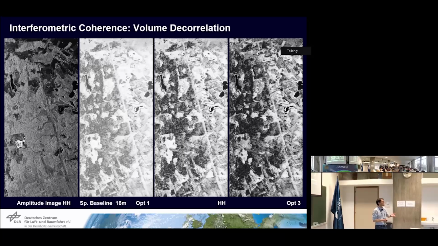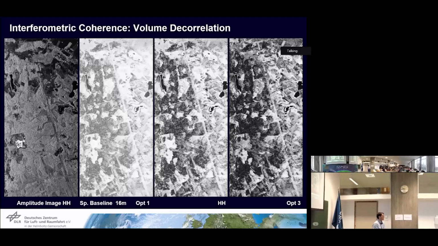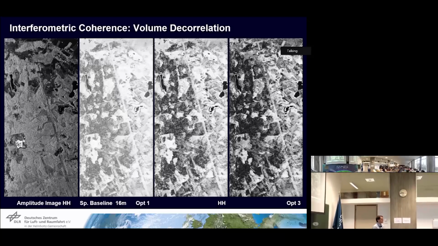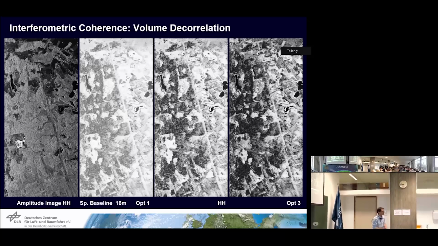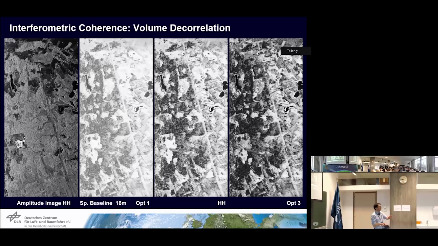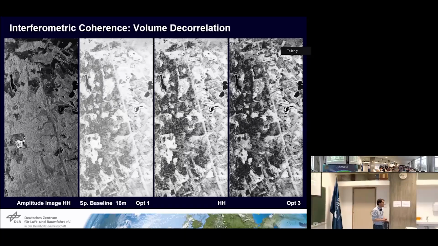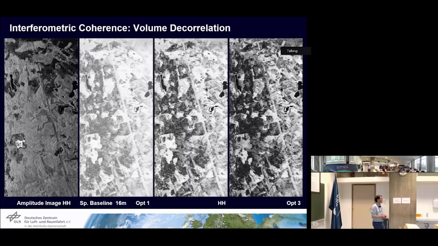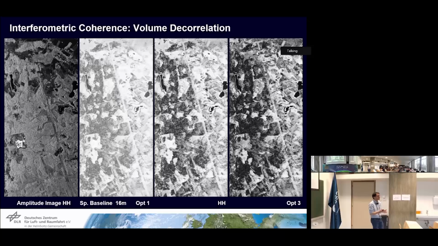If you maximize the coherence, you reduce the variance of the phase measurement. So you'd like to make a DEM, you'd like to have an accurate DEM, you use polarization to maximize coherence so that the accuracy of your DEM is higher. This is, for instance, one possibility. And you see here with data what happens.